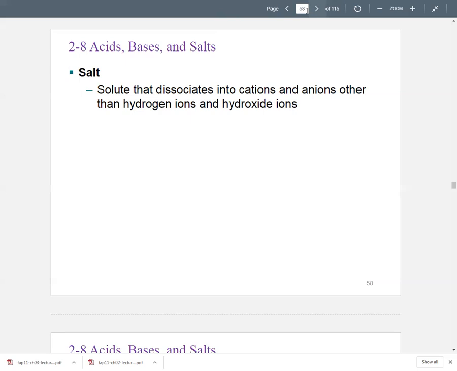Sodium ions are not hydrogen ions, chloride ions are not hydroxide ions. Basically they dissociate into a positively charged ion and a negatively charged ion. But it doesn't have to be sodium chloride. It could be calcium chloride, it could be magnesium chloride, it could be any combination of a positively charged ion and a negatively charged ion, as long as it's not hydrogen and hydroxide.